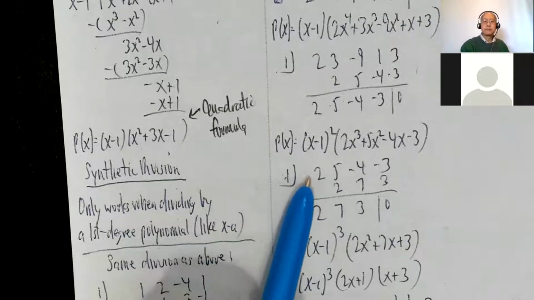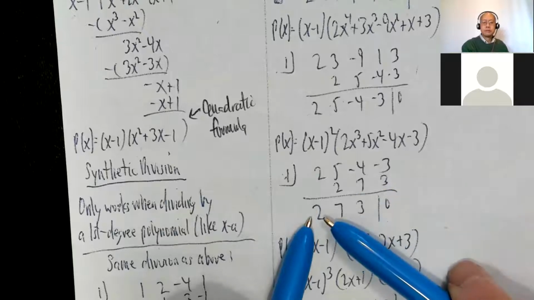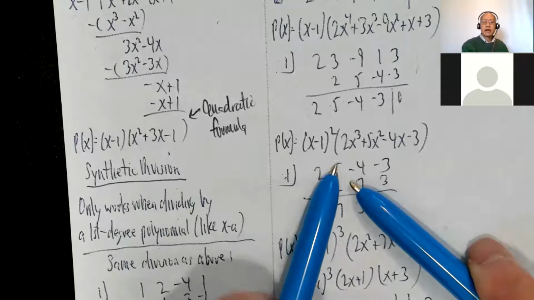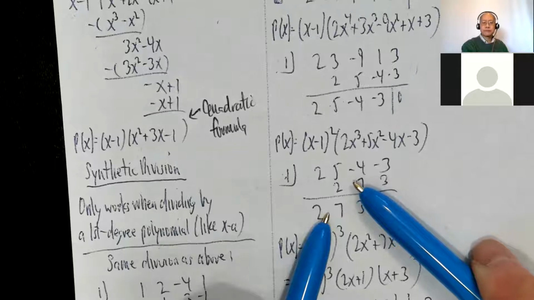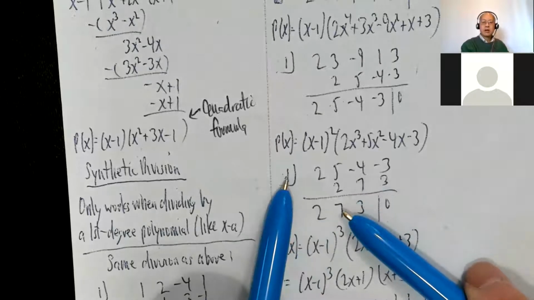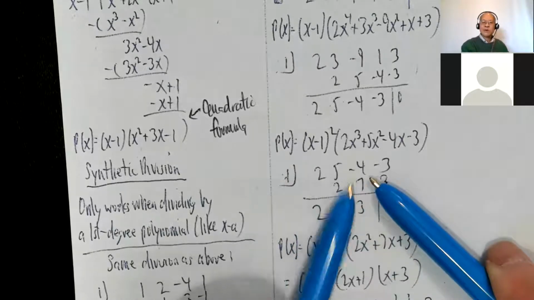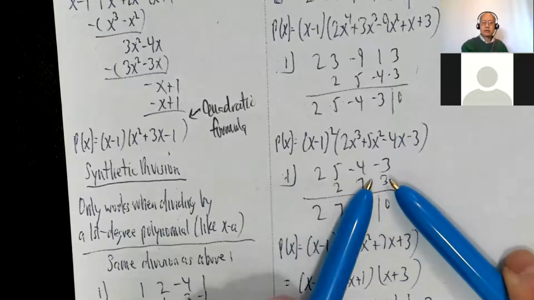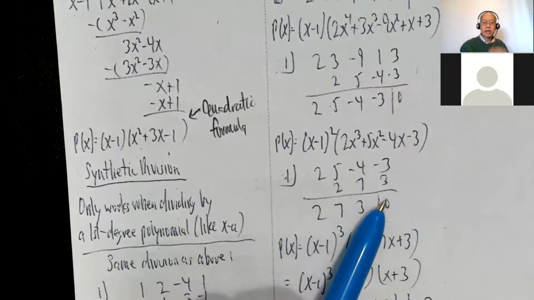Do it again. 2. Multiply. 1 times 2 is 2. Add. 5 plus 2 is 7. Multiply. 1 times 7 is 7. Add. 3. Multiply. 1 times 3 is 3. Add 0. It works again.